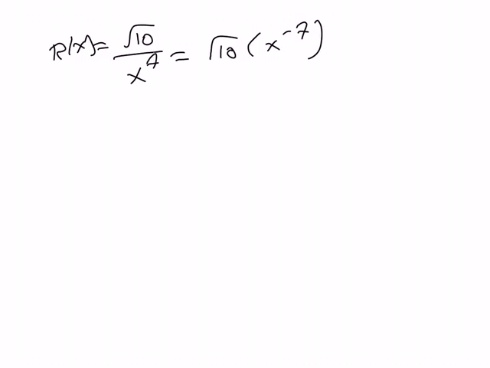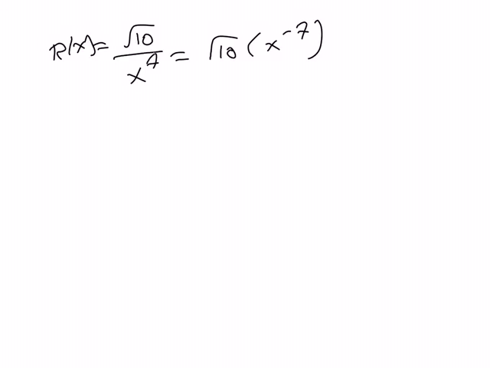The second way we're going to do the problem actually makes it a little simpler. 10 over x to the 7th. Well, this is equal to the square root of 10 times x to the negative 7, right? Because 1 over x is equal to x to the negative 1. Very important rule to remember.